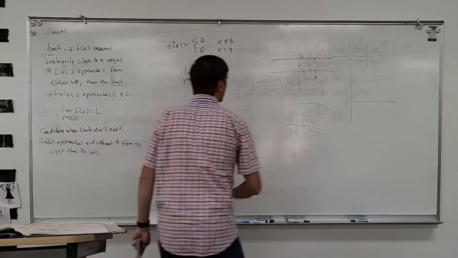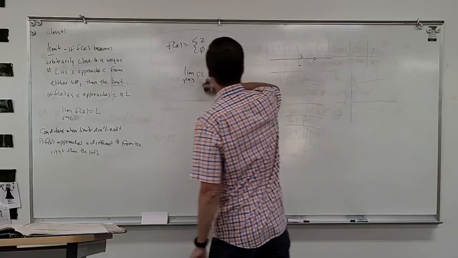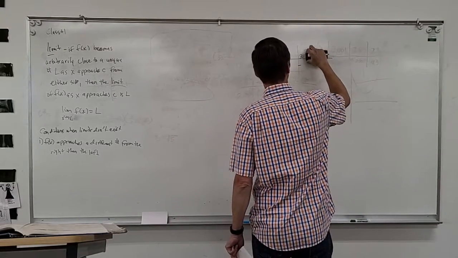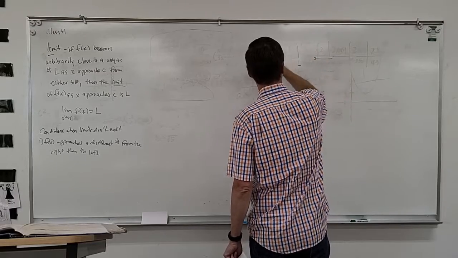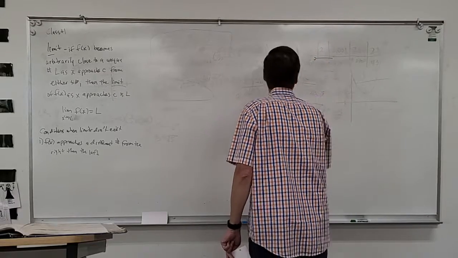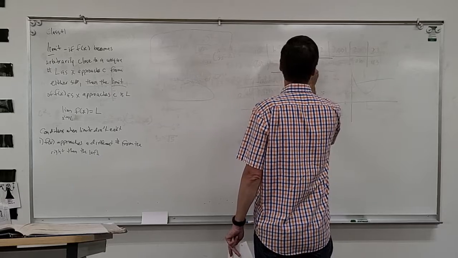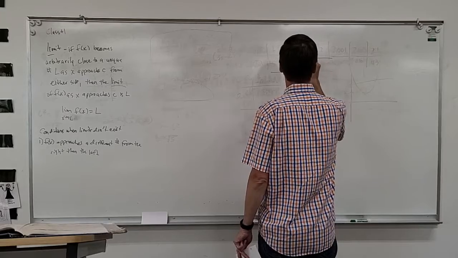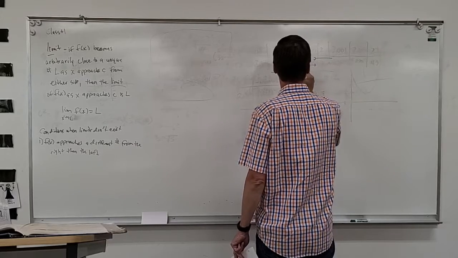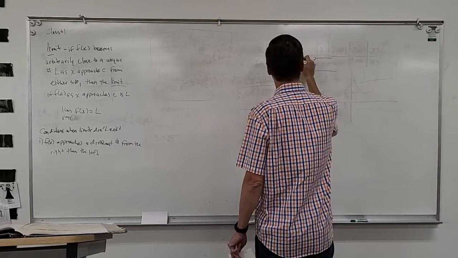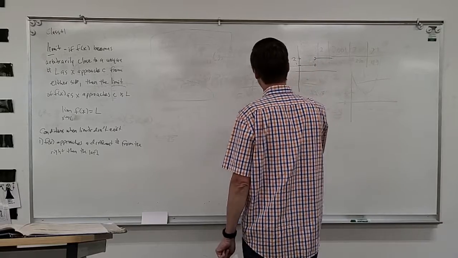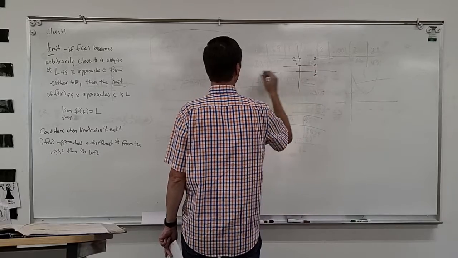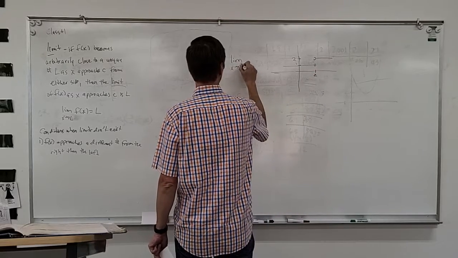So to show you a quick example of that, I should have left the graph there. Suppose you have a function that looks something like this, and we're trying to find the limit as x approaches 2 of f of x.